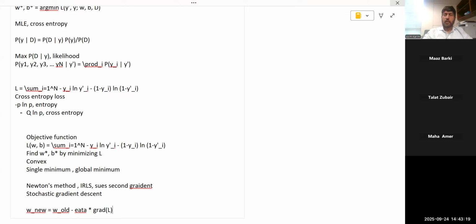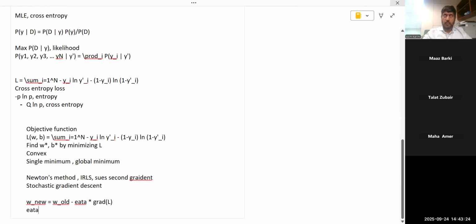Very simple iterative process, one step to the next. Eta, as I said, is greater than 0 always. This is the learning rate parameter.